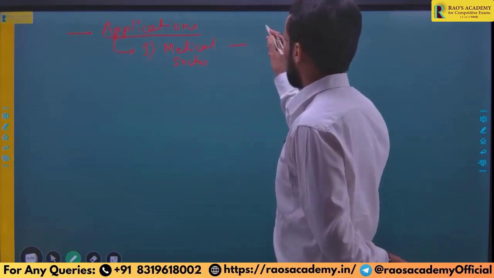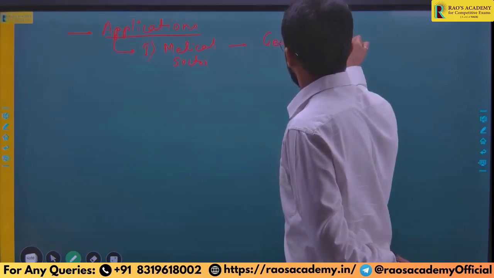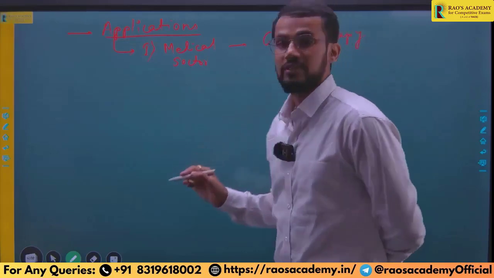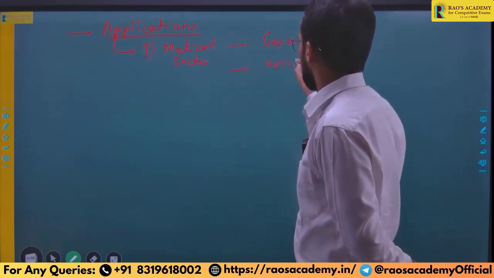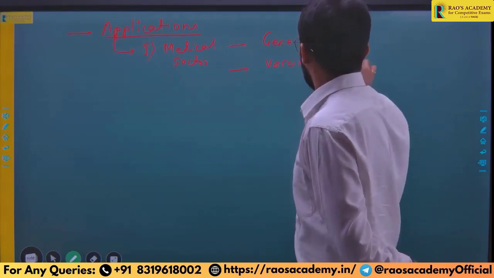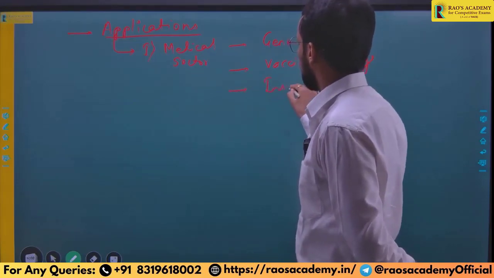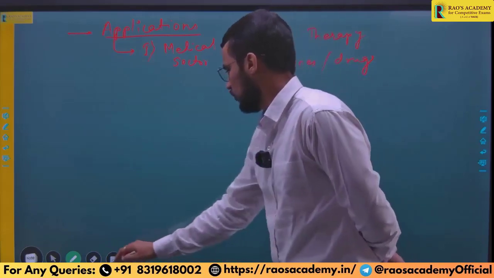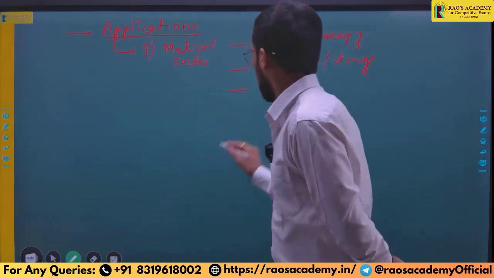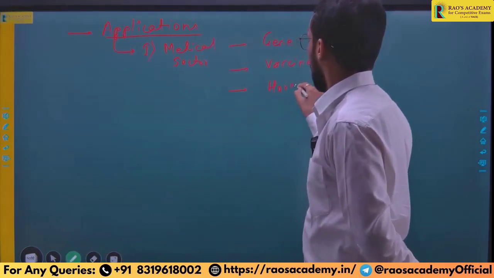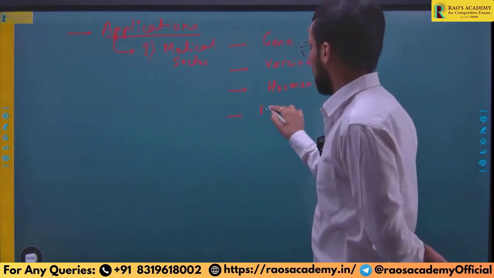In the medical sector, biotechnology is used for gene therapy. Then it is also used for the production of vaccines, new drugs. It is also used for the production of hormones like insulin, right? Then for molecular diagnosis as well.